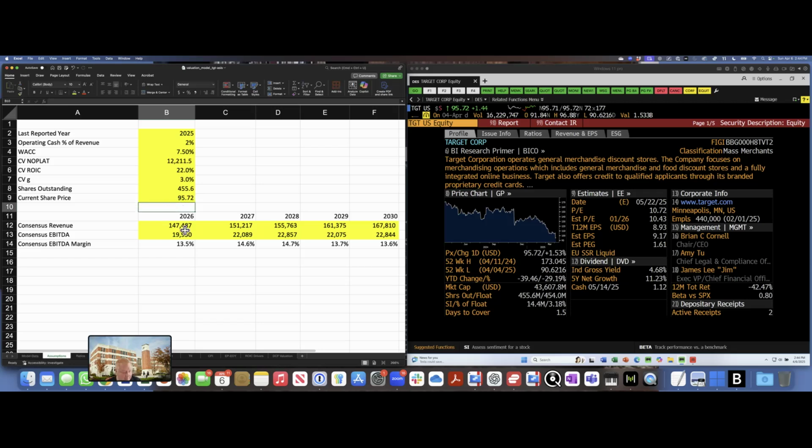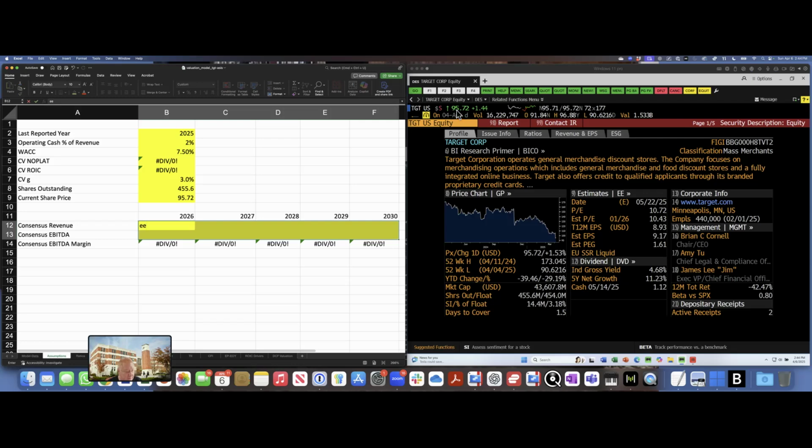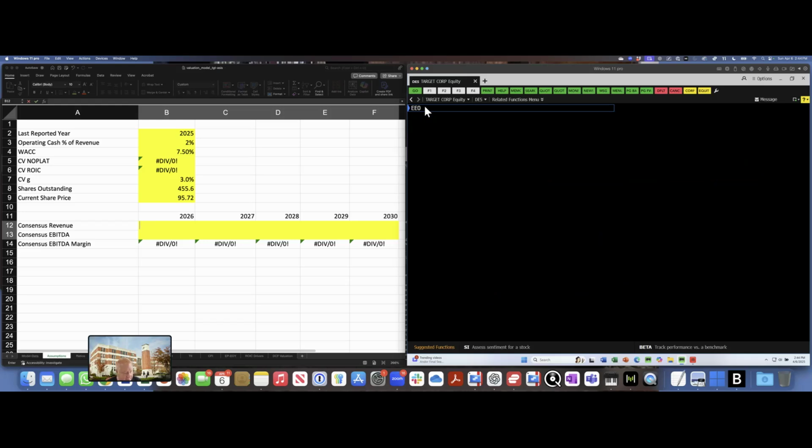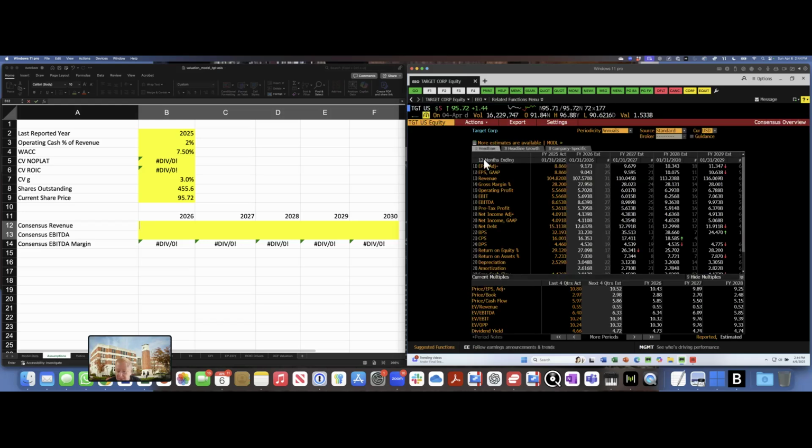Right? And then this EEO data is going to be changed. Let me go ahead and make sure I put in the EEO data for Target. Let's go to EEO. And we're going to start putting in the consensus revenue and EBITDA forecast as of today.